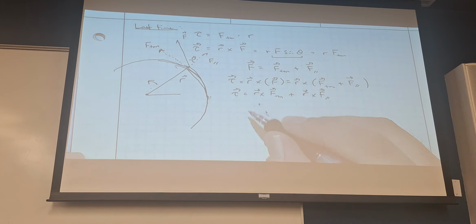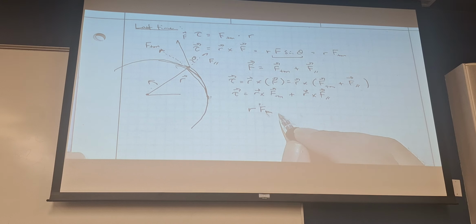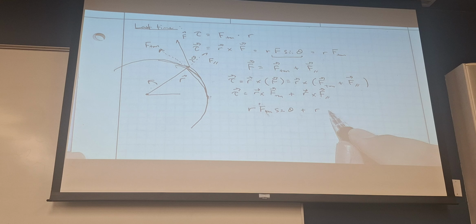So if we just look at this here, this becomes r F tan sine theta plus r F parallel sine phi. I just picked phi because phi doesn't really show up here.